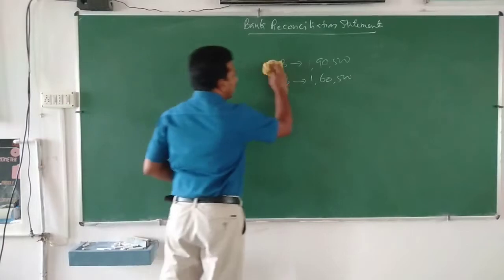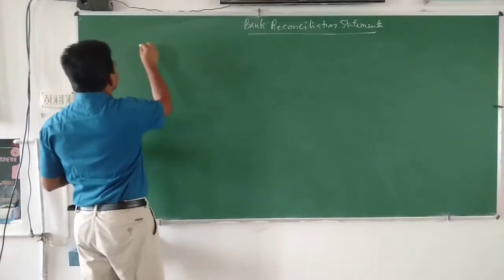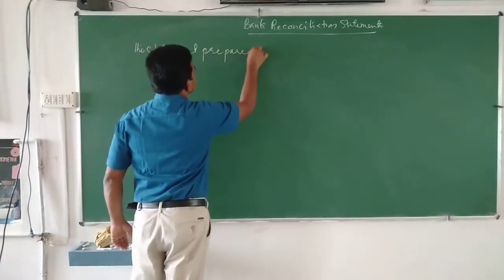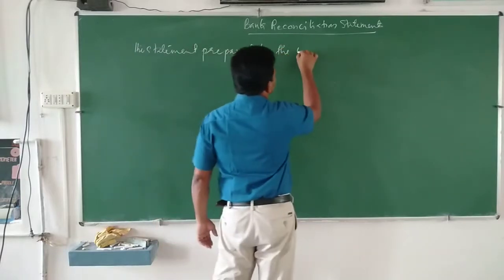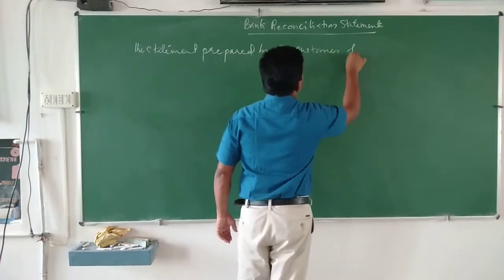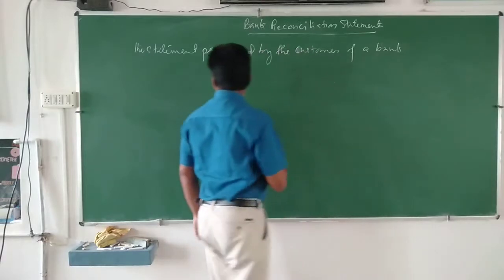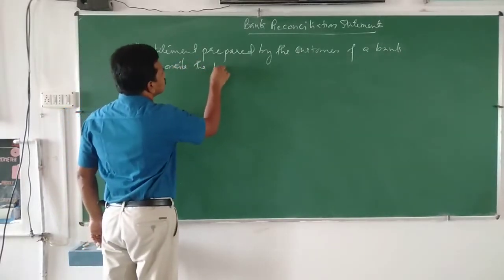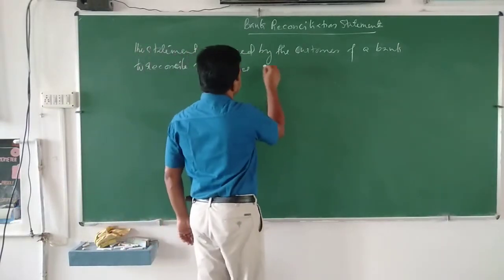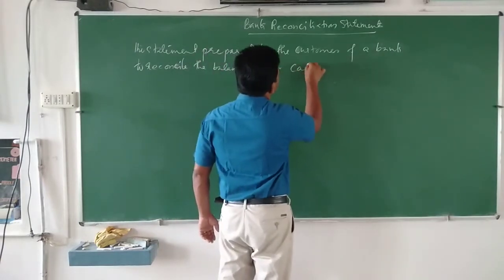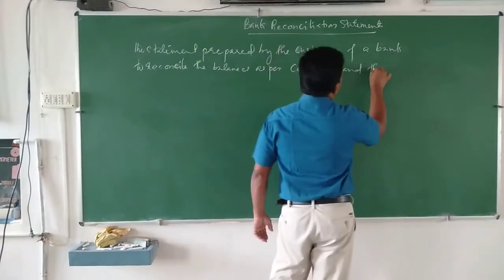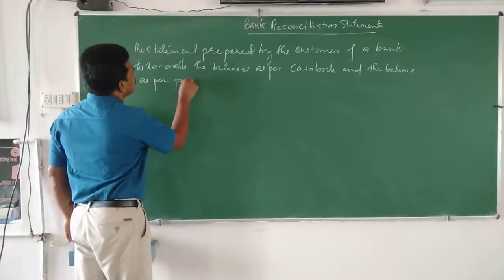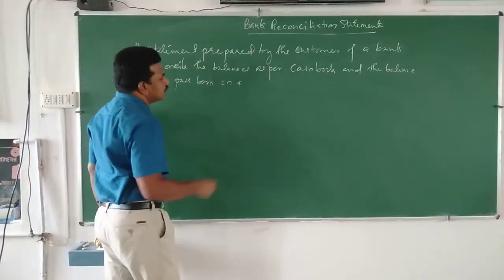So we can explain a bank reconciliation statement as the statement prepared by the customer of a bank to reconcile the balance as per cash book and the balance as per passbook on a particular date.